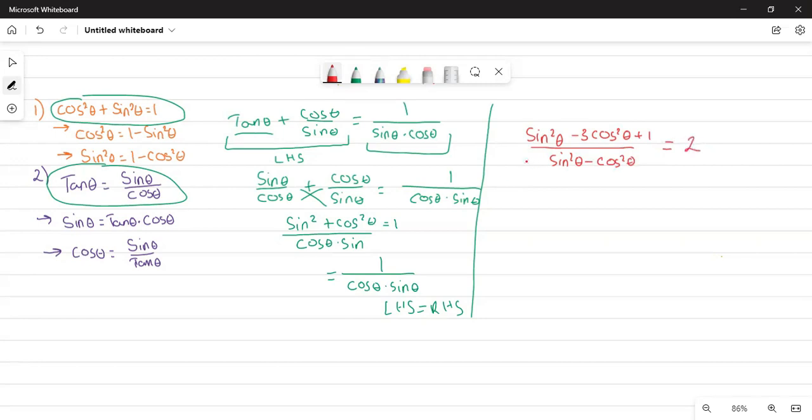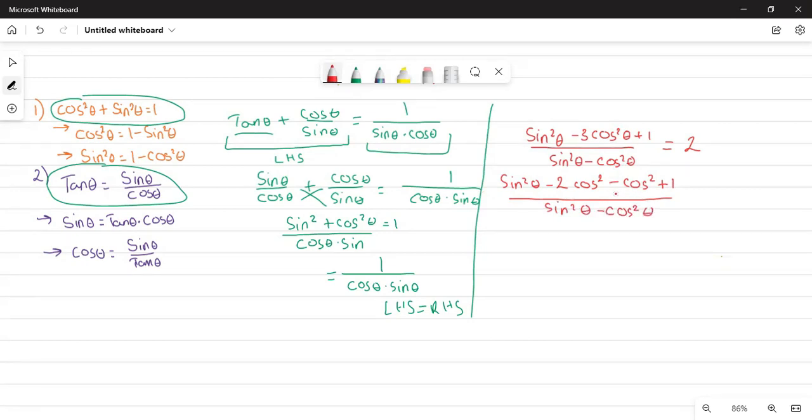Now we can see that the left hand side is more complicated. So let us simplify it further. So we can write this as sine square theta minus 2 cos square theta and minus cos square theta plus 1 by sine square theta minus cos square theta.